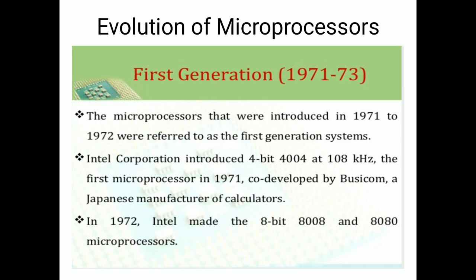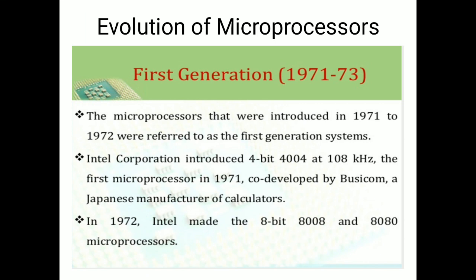The 4-bit 4004 microprocessor ran at 108 kHz and contained 2300 transistors. They were fabricated using P-channel metal oxide semiconductor technology, which provided low cost, low speed, and low output currents.